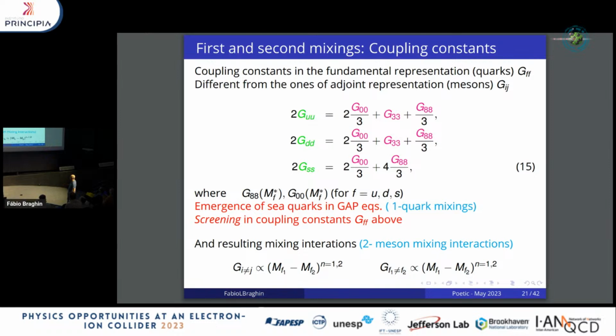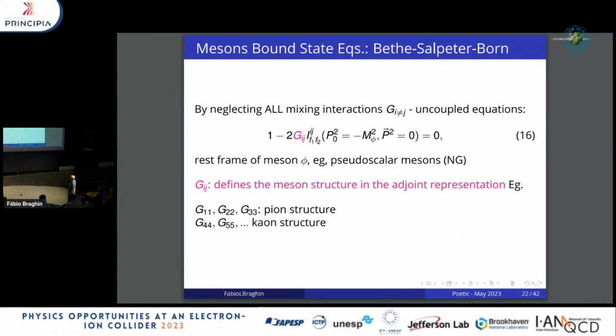mixing interactions, and different mesons will also have mixings if you take here the diagonal generators of the group, and this will depend on the mass difference between the flavors. This is the Bethe-Salpeter equation at the Born level for constant interactions.